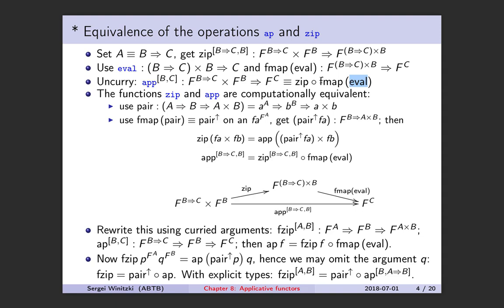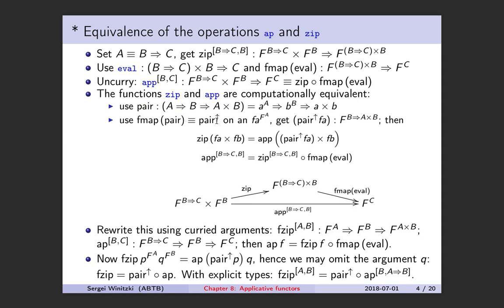So let's try to define in the other direction how to define zip through app. Well, that's done like that. So app needs functions that operate on two different types instead of zip. Let's prepare for this. We would need a function that makes a pair out of two elements. So let's call this function pair.